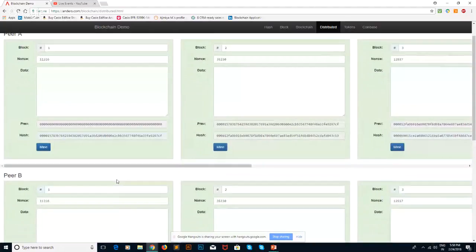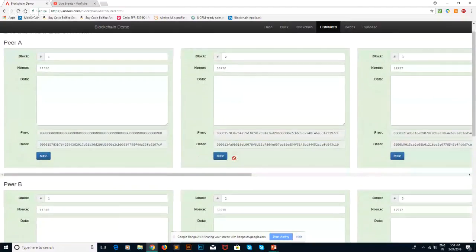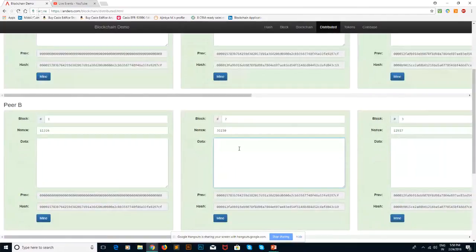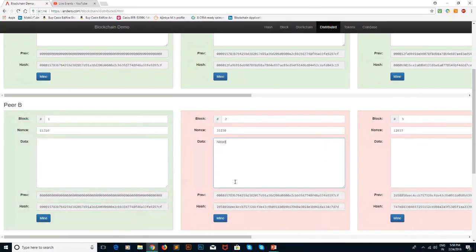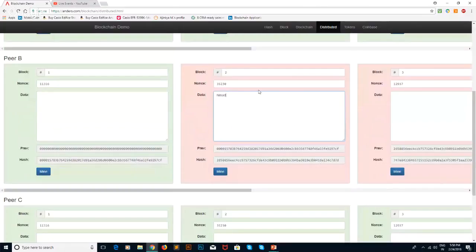All of them have the same blockchain, and a hacker comes and tries to change the data in block 2. So here, if I change anything on any block, the blocks next to that block will all be wrong. And if I try to mine, to validate that, I will have to generate a nonce which is the hash for this block.